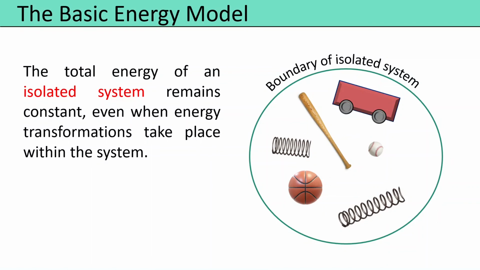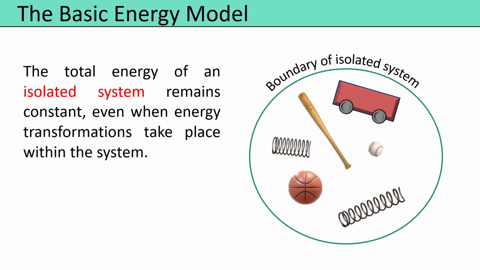So we have springs, we have balls, we have moving cars maybe, and all these objects can interact among each other and exchange energy between them. If we keep this system of objects isolated somehow, let's say they are in an enclosure that won't let these objects interact with external objects, we know that the sum of the energy in each of these objects will be a constant quantity.